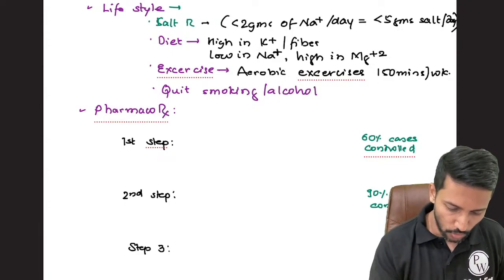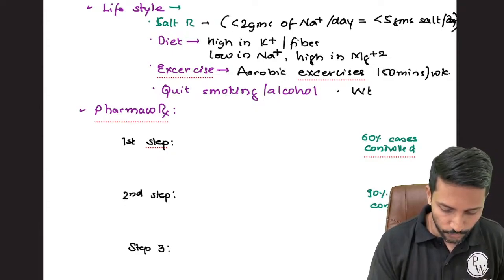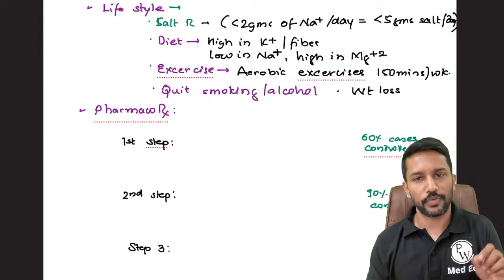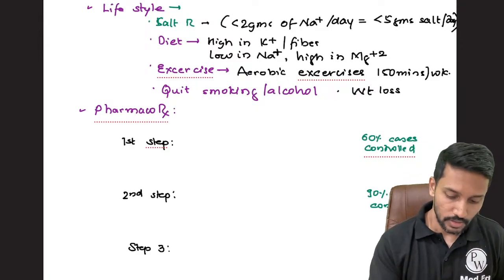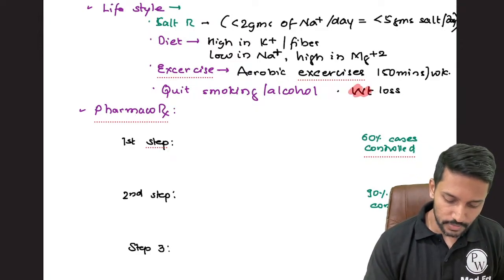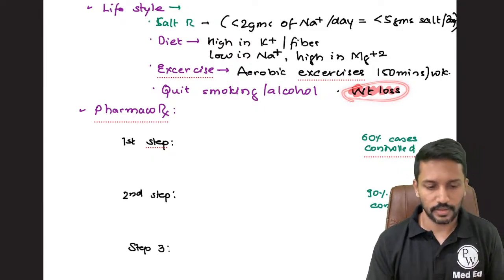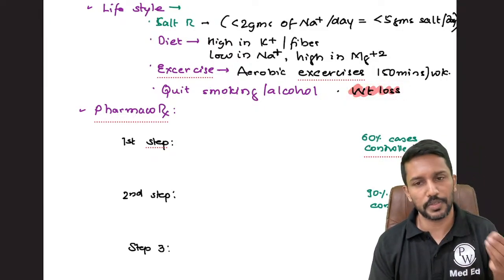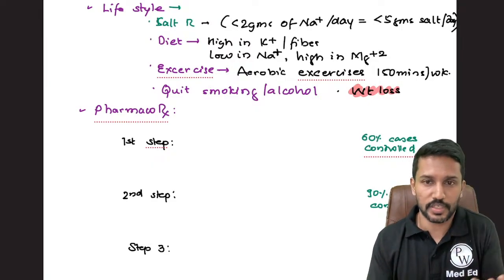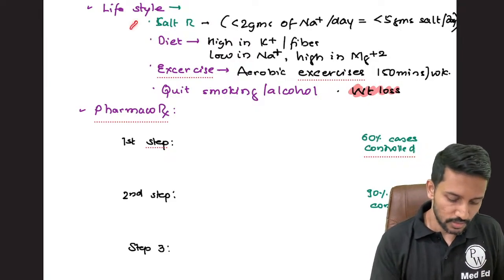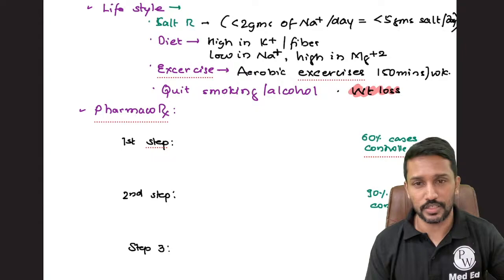And I would strongly vouch for significant weight loss if the patient is overweight or obese. I personally would vouch for this because it makes a lot of difference to BP control and diabetes control. Once you lose weight, it becomes much easier to control your blood pressure and diabetes with minimal or sometimes even no medications. So these are the lifestyle modifications that you would institute.